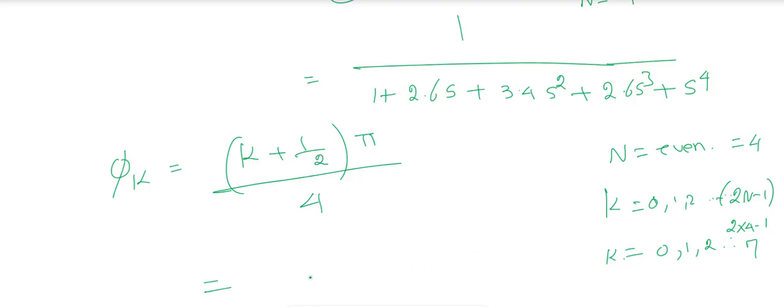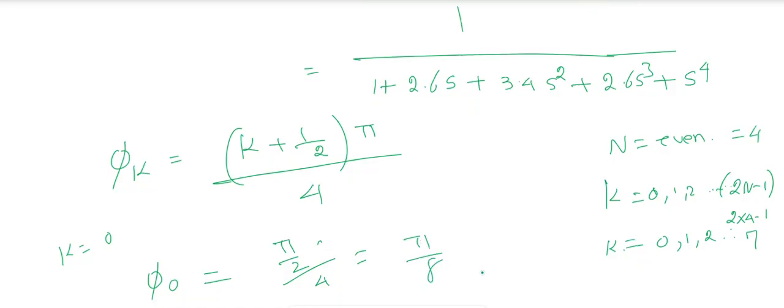For example, what is the phi value here? Determine for k equal to 0: phi 0 will be (1 by 2) into pi by 4, which is equal to pi by 8.